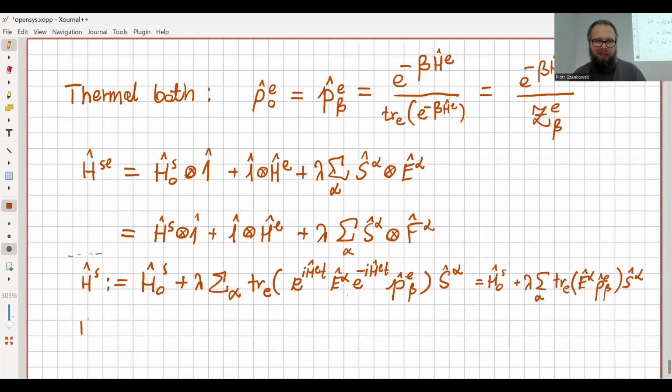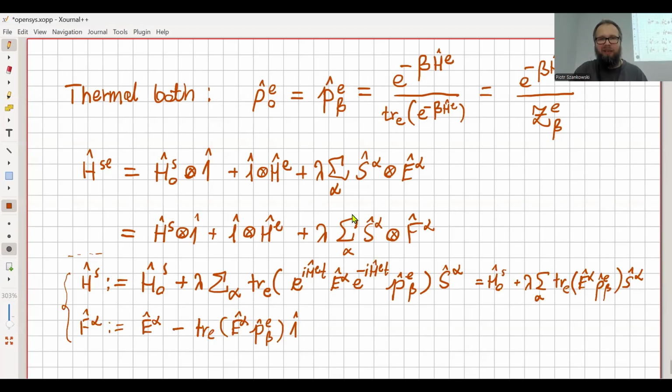And the shifted coupling F_alpha is defined as the bare coupling E_alpha minus the trace over E, again, because the initial state is thermal equilibrium, it's time independent.